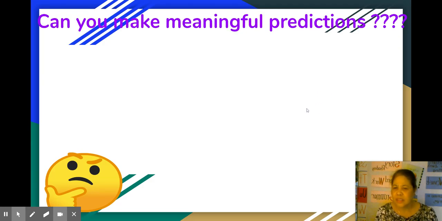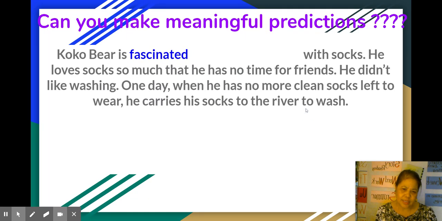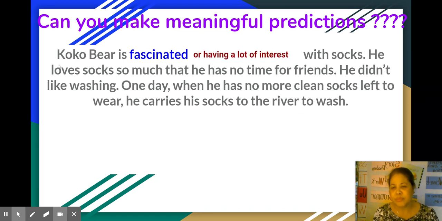Can you make meaningful predictions before we read the story? Let's see. So you are going to read with me. Coco Bear is fascinated, when we say fascinated, having a lot of interest with socks.